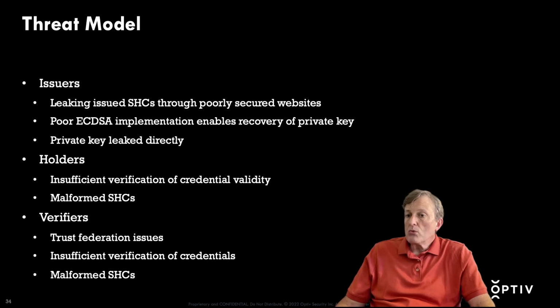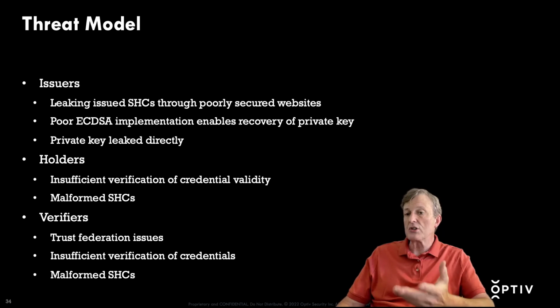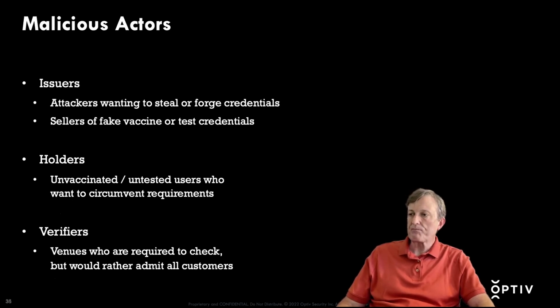But who is in your trust federation, right? Who do you trust? Are you verifying them sufficiently, right? Are you just checking the signature and that's it, or are you checking the overall validity of what it is? And again, malformed Smart Health cards could attack the verifier apps.